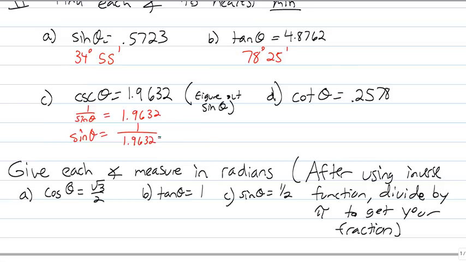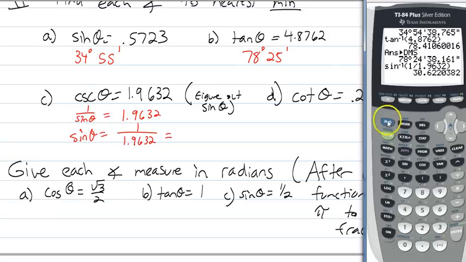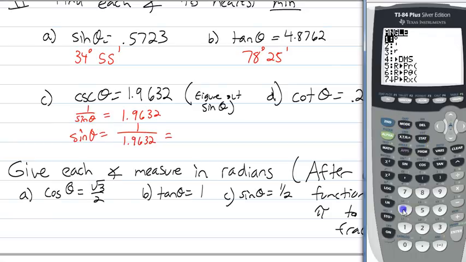And now I can do my calculations. So in the calculator, I'm going to say the inverse sine, because there's no cosecant button, of 1 divided by 1.9632. And I hit enter, and I get that answer, which is 30 degrees, and we'll see what minutes it is by doing second DMS.